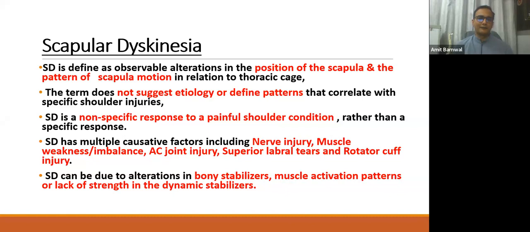It has multiple contributing factors, like nerve injuries, maybe in the neck region, muscular weakness around the scapula, or AC joint issues, labral tears, or rotator cuff injuries at the top of the scapular region. We also find that there may be imbalance, or the pattern of activation may be reduced in the stabilizing muscles of the scapula.